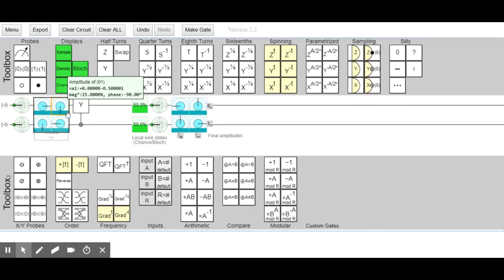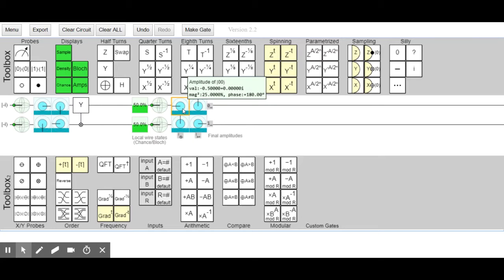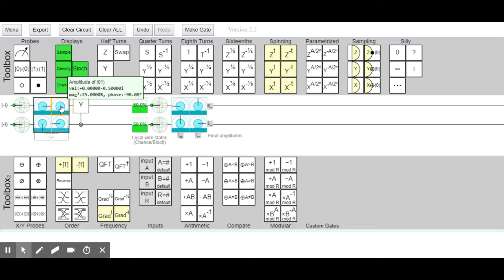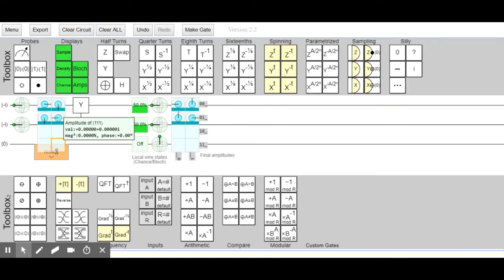So here this is 0, and here is 180 degrees. This is 90 degrees, and here is minus 90 degrees, and here is 0, and here's 180 degrees.